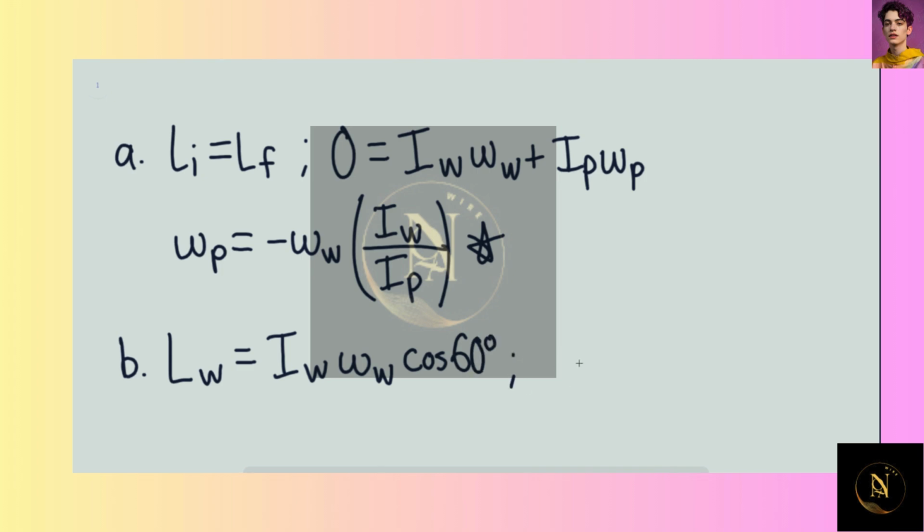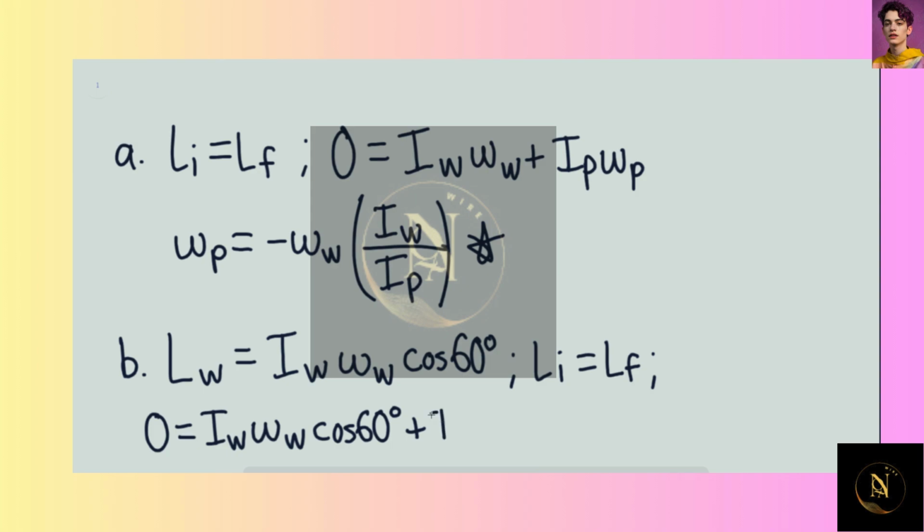We can then say that the initial angular momentum equals the final angular momentum, so 0 equals the moment of inertia of the wheel times the angular velocity of the wheel times cosine of 60 degrees, plus the moment of inertia of the platform times the angular velocity of the platform.